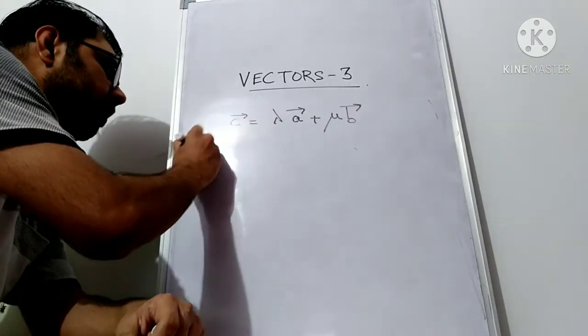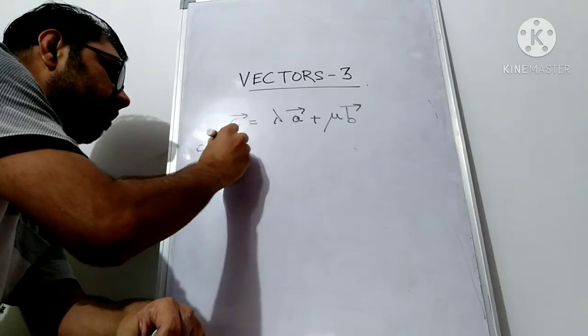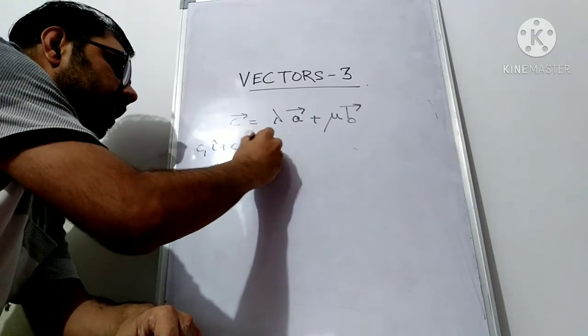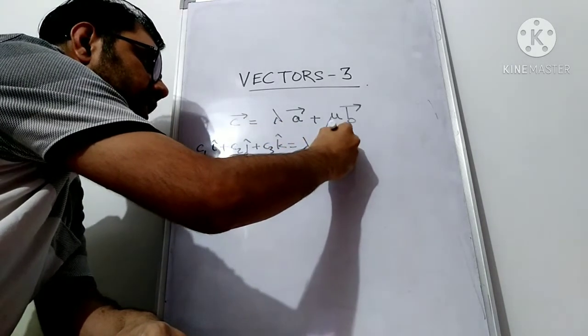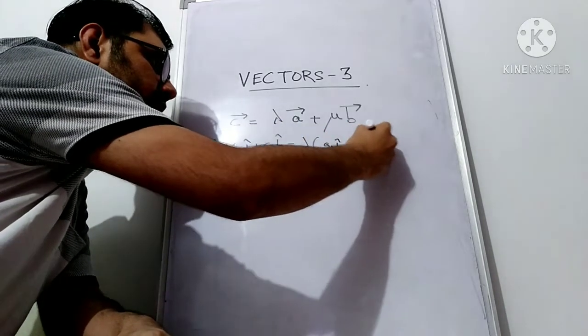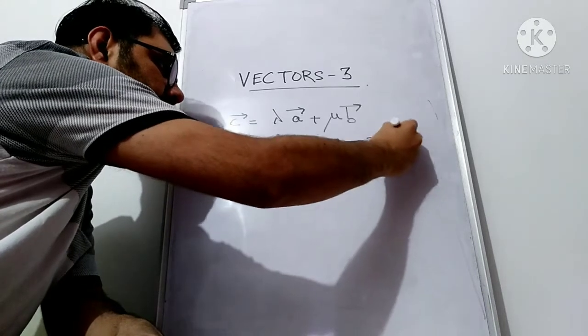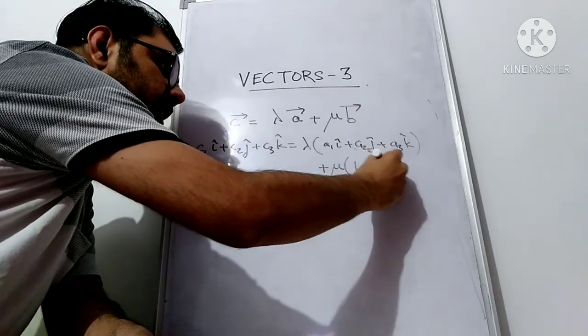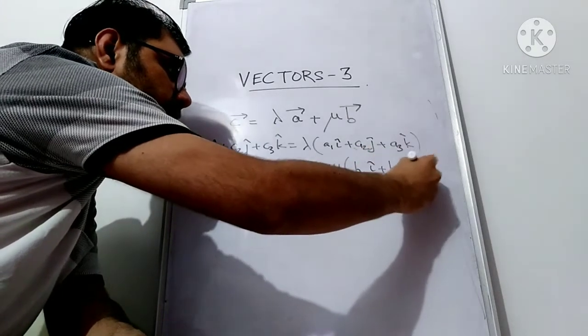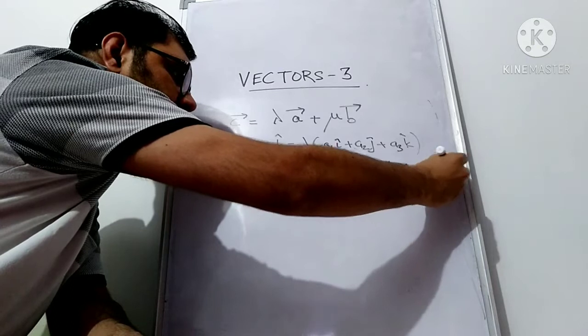So c vector, c1 i cap plus c2 j cap plus c3 k cap, is equal to lambda times a vector, which I can write as a1 i cap plus a2 j cap plus a3 k cap, plus mu times b vector, which we can write as b1 i cap plus b2 j cap plus b3 k cap.